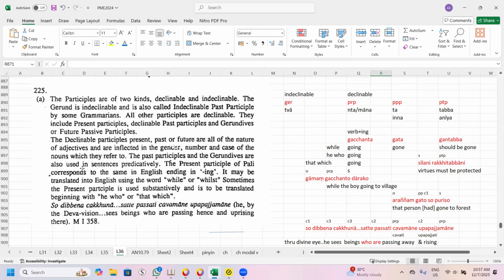Okay, here, he didn't talk much. It says participle. So the participle talks about declinable and indeclinable. This gerund is indeclinable, ending with tva or ya.